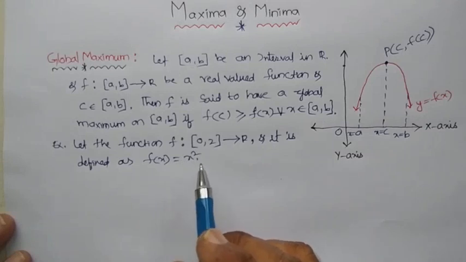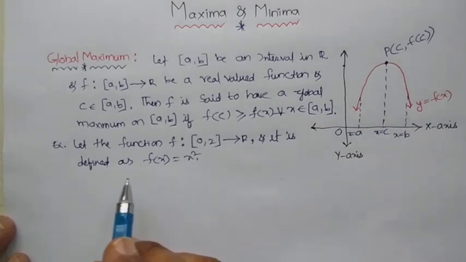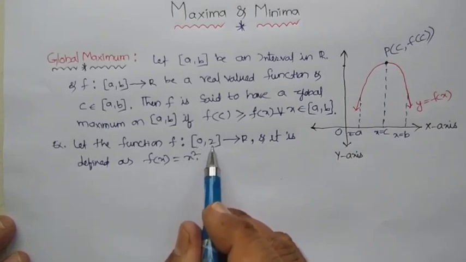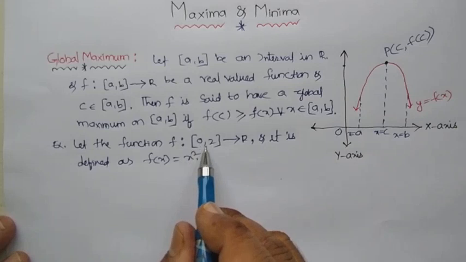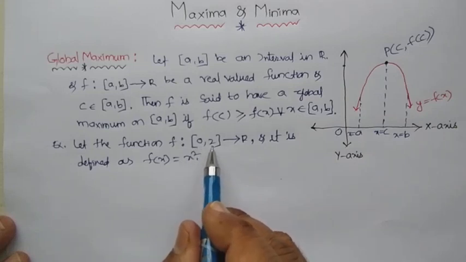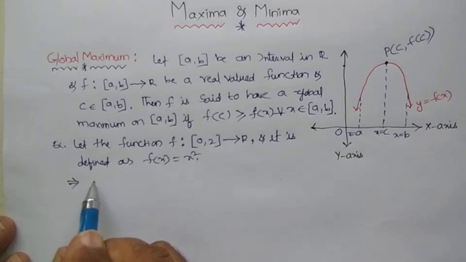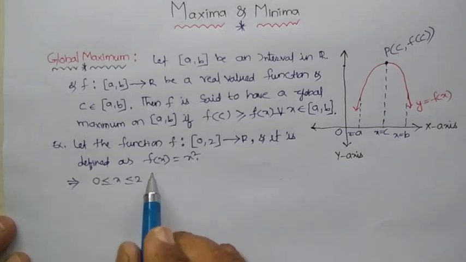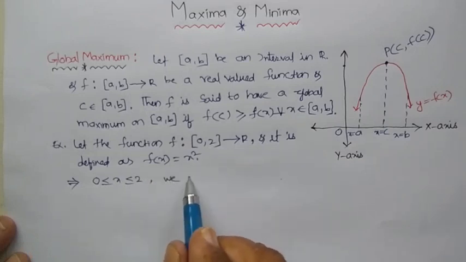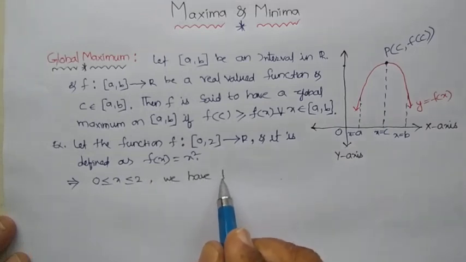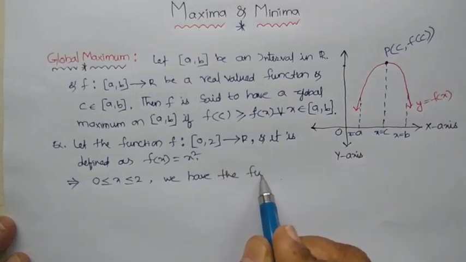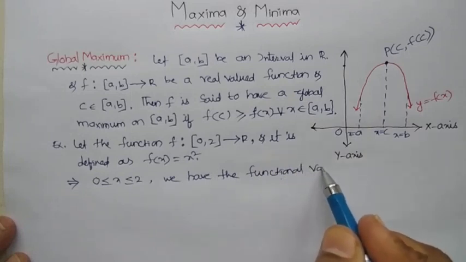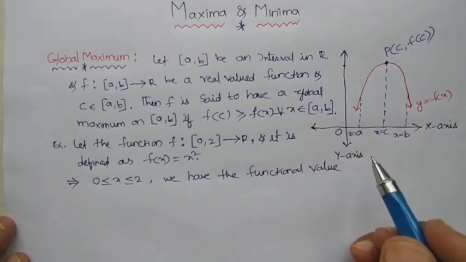So for each value of x we choose from 0 to 2, that implies 0 is less than or equal to x is less than or equal to 2, we have the functional value.